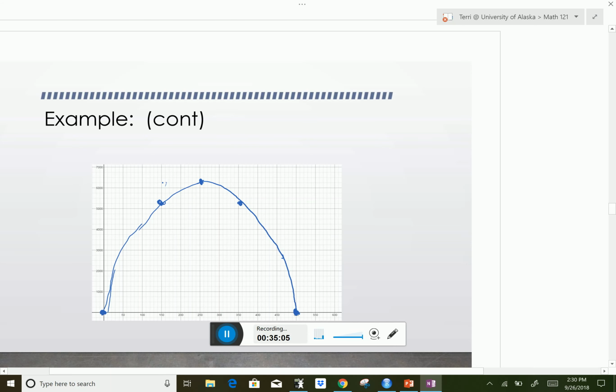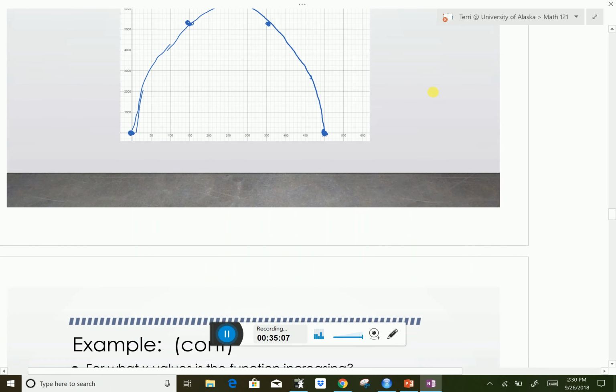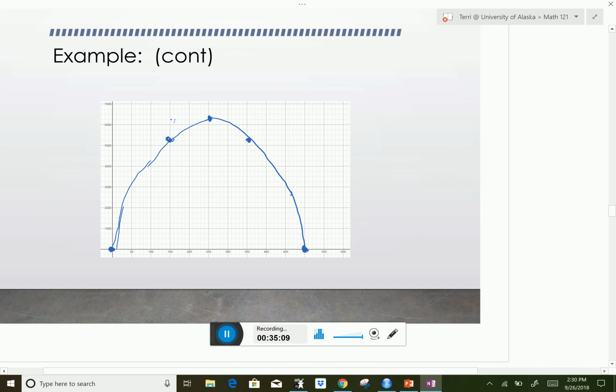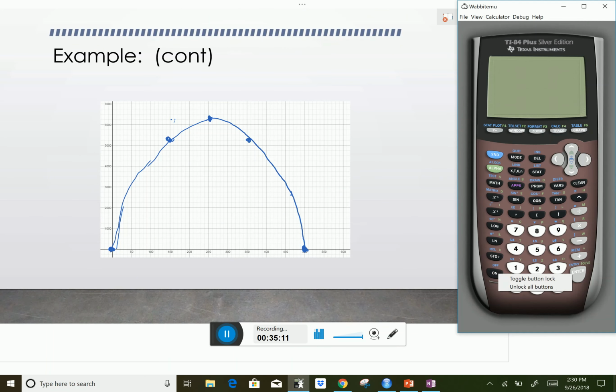Pretty easy, pretty fast. Again, I could also have put that into my calculator fairly easily. And what's nice about this is that I know exactly where to put the limits now. Because now that I can graph it by hand, I don't have to sit here and guess what the limits are. So if I go to window, let's see, what do I want?